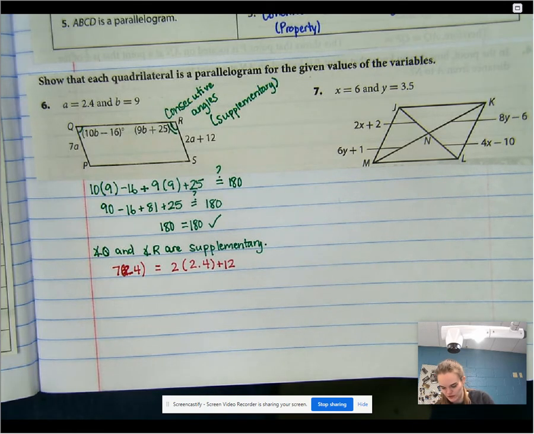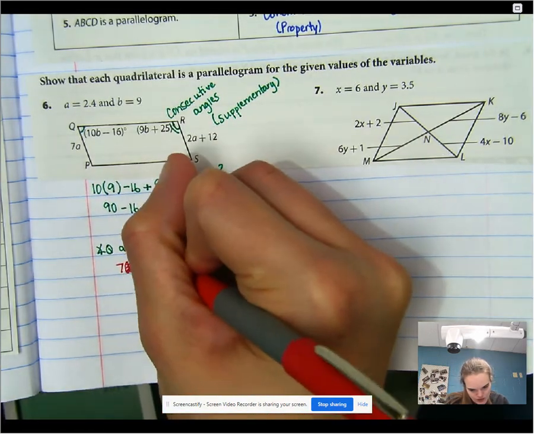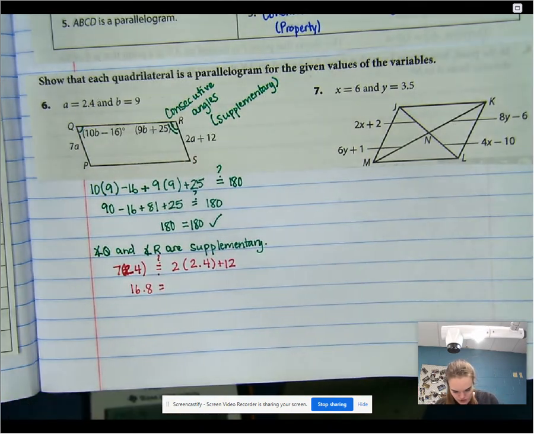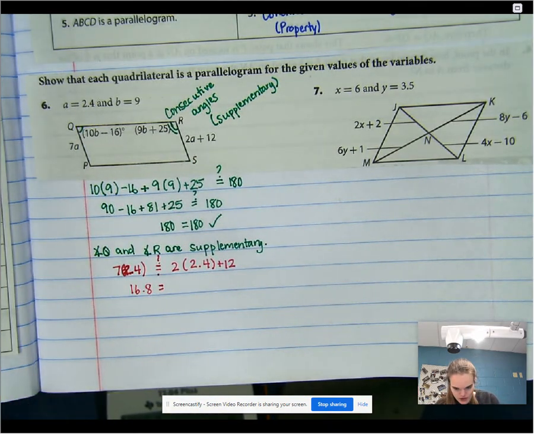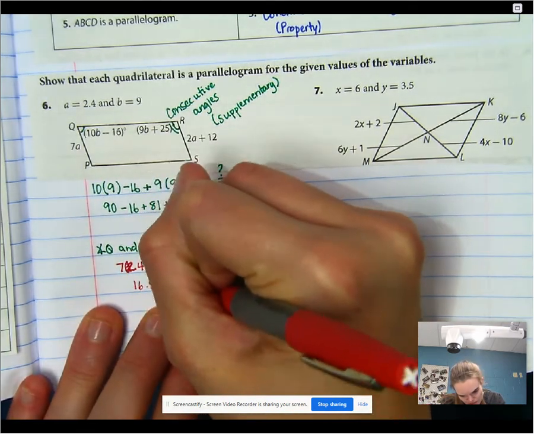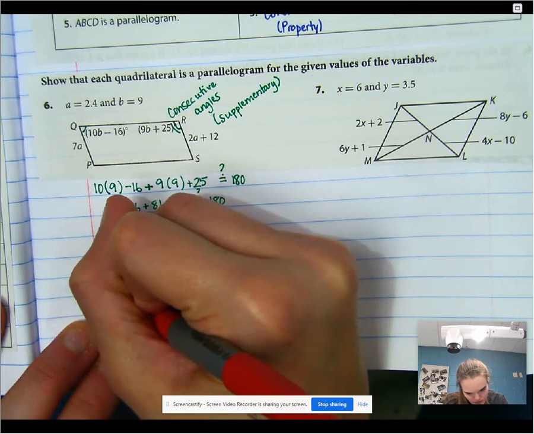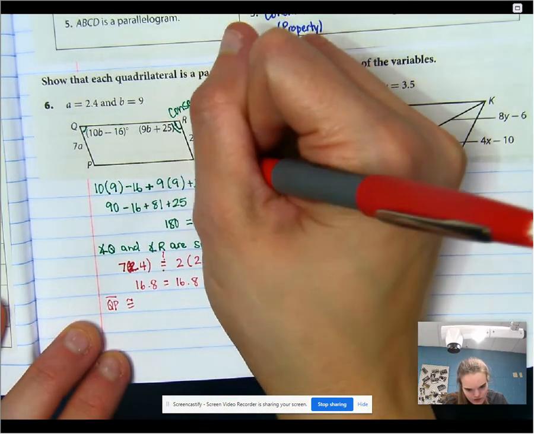So 7 times 2.4 is 16.8. We don't know if they are equal yet. And 2 times 2.4 plus 12 is 16.8. So QP is in fact congruent to SR.